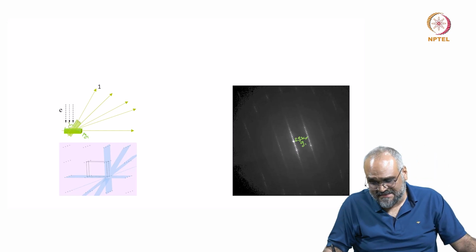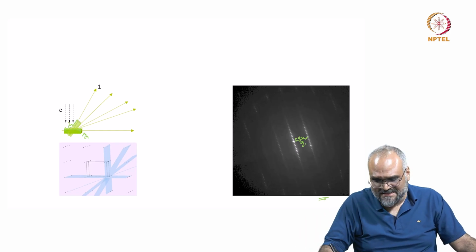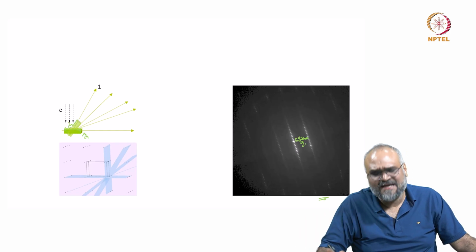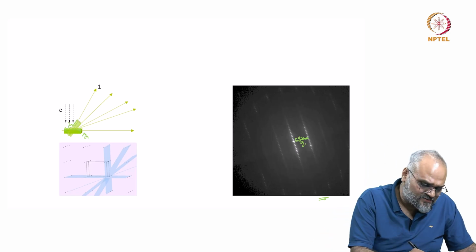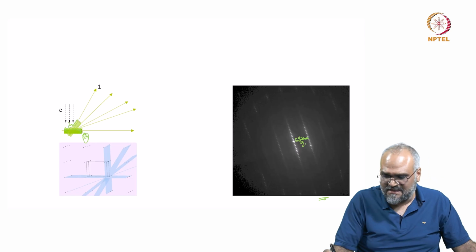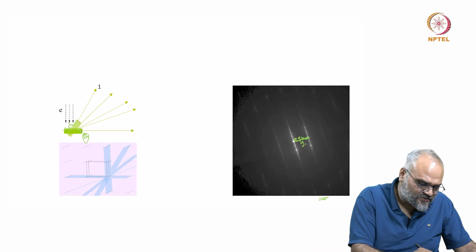So, remember, this is a reciprocal lattice projection. So, the distances which are farther away in reciprocal lattice are physically closer in the real lattice. So, that is why I have chosen this d1 corresponding to this g1 and this g2 corresponding to this d2.